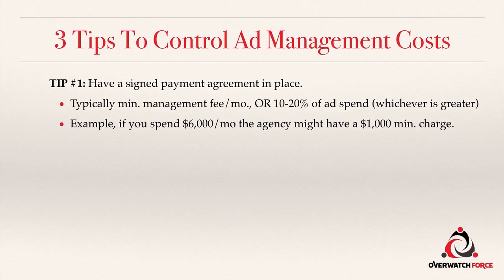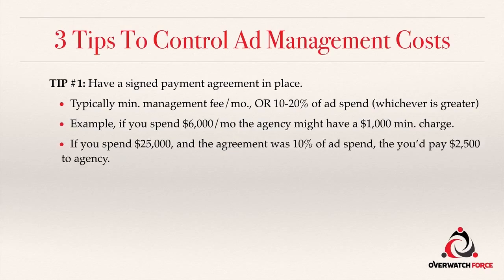They have a minimum charge of $1,000. So for example, if they charged you 10% of $6,000, that'd be $600, but their minimum charge is $1,000, okay? Once your ad spending ramps up, let's say you get up to $25,000 and the agreement was 10% of the ad spend, then you pay $2,500 to that agency.